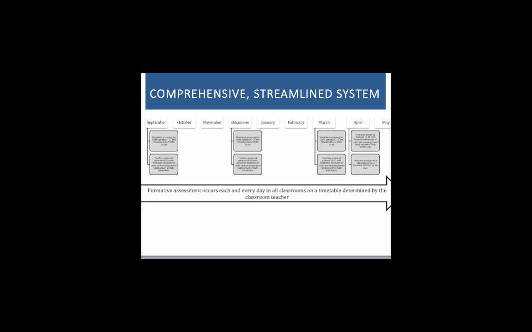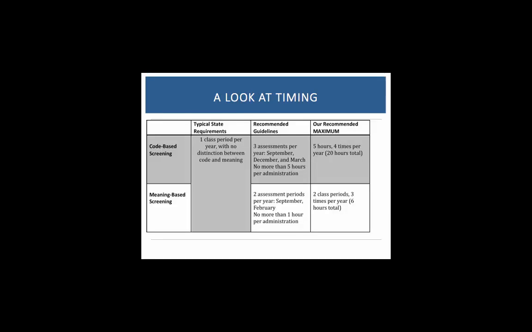This is an example timeline that shows how one school systematically planned to implement screening assessments in September, December, and then in March. An important thing to think about in terms of a streamlined assessment system is the amount of time that we spend on assessment.